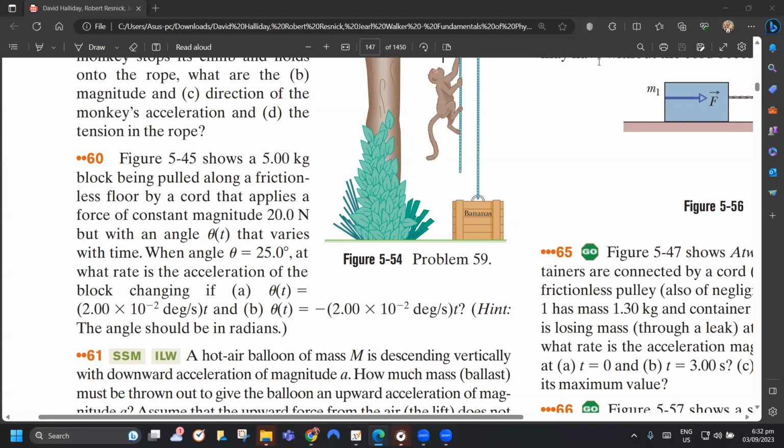25 degrees. What rate does the removable block changing? Okay. Kaya dapat hindi na po sinabi na angle should be in radians para magkamali po lahat, para degrees po lahat po yung ganun.